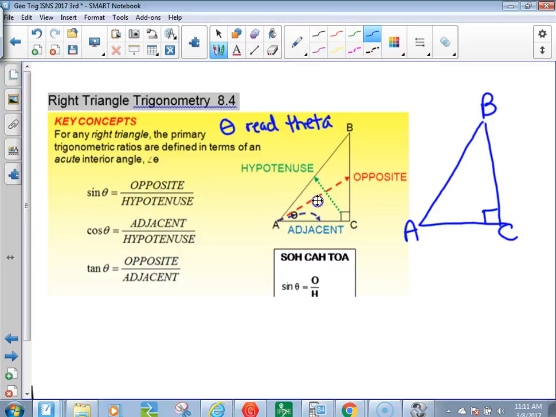You'll see it again. All right, so if theta is this angle, then this would be the opposite, this would be the adjacent, and the hypotenuse would be here. But what if theta was up here? So I drew this in for you, because if theta is at angle B, then you don't have the same labels. What stays the same, though?